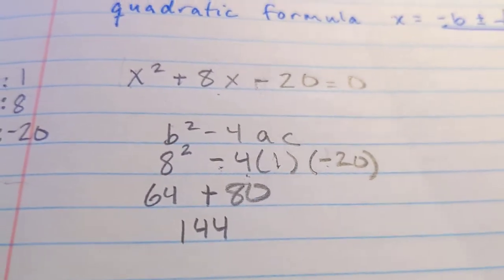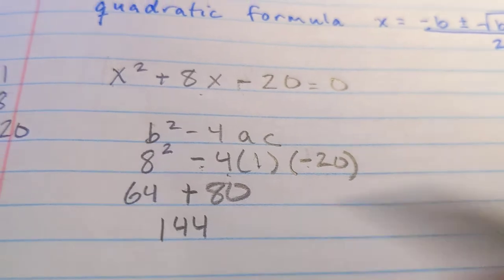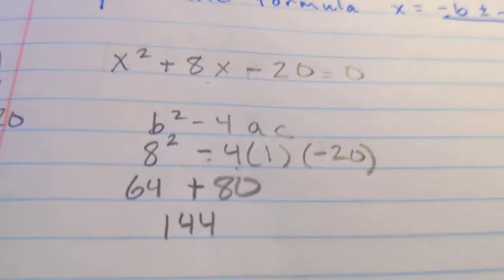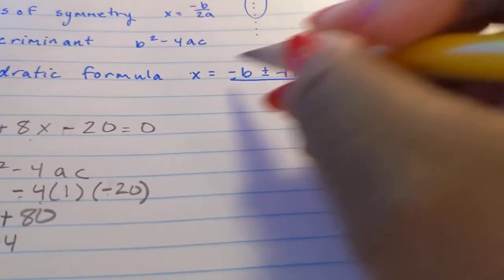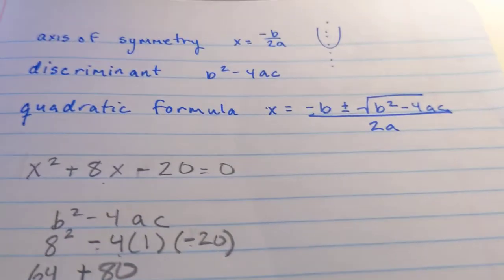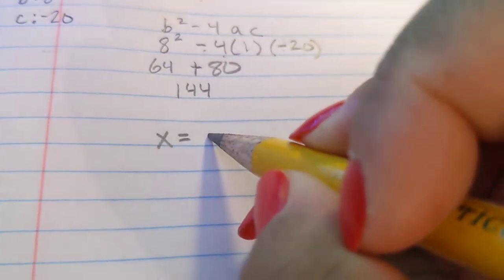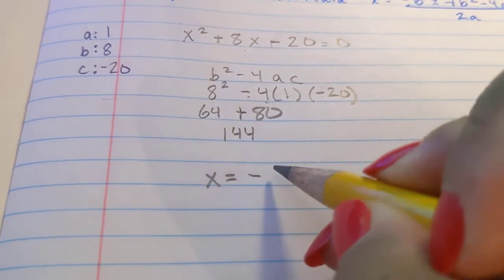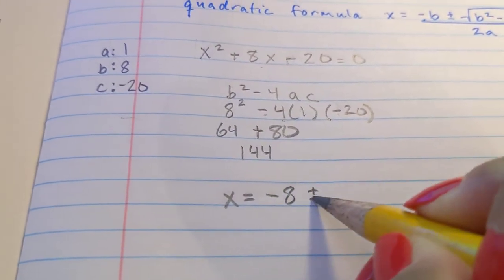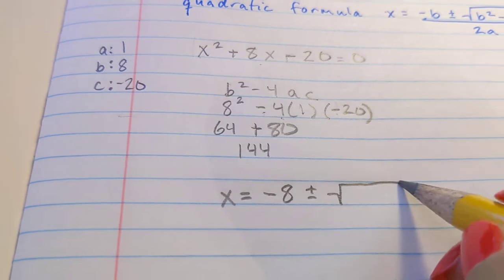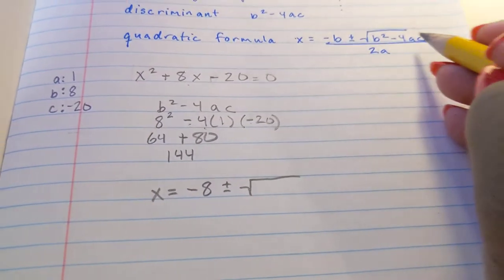So here I have my perfect square. What I'm going to do is take this value, and now I get to place it into my quadratic equation. That sounds really complicated. I pinky promise it's not. So here I have x equals the opposite of b, we did this before, the opposite of b would be negative 8. We're going to plus or minus it and do the square root of everything that I have up here.